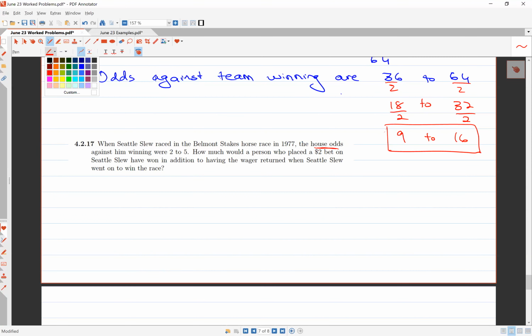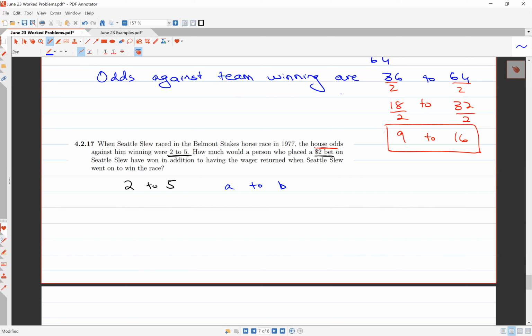So in this case, the odds against are 2 to 5. And someone is going to place a $2 bet on Seattle Slew in the Belmont Stakes. Seattle Slew went on to win the race. We want to know how much money they won.